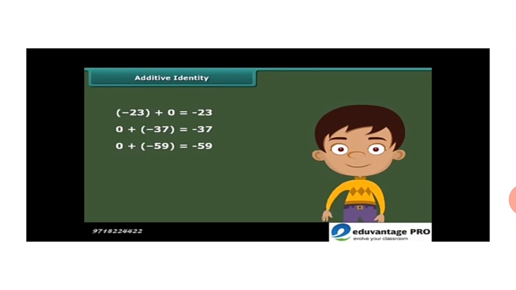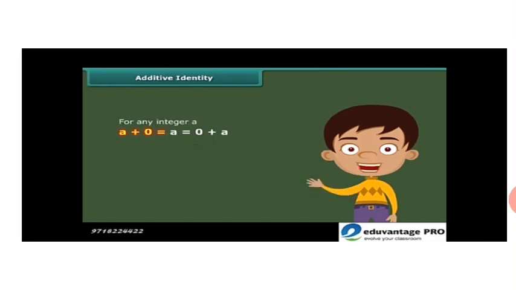Again, another condition: 0 plus or minus 59. Plus into minus, we know very well, represents the minus sign. So 0 minus 59, the answer is minus 59. This is the additive identity. So the condition is a plus 0 is equal to a, and then I have interchanged the numbers and variables: 0 plus a.